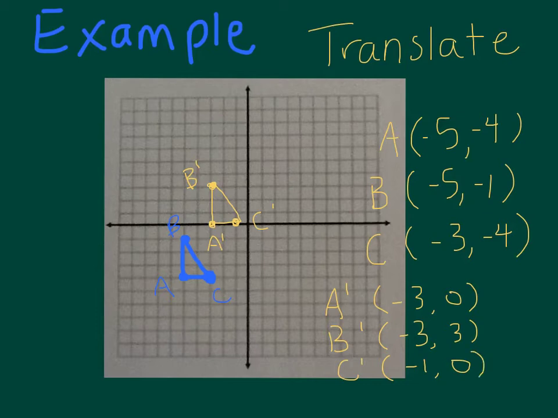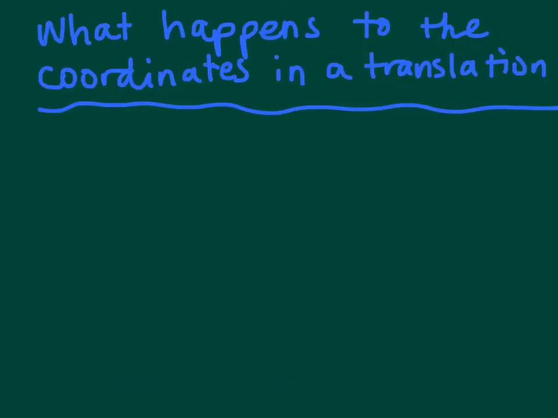And let's see if we can see a pattern here. All of our x values have increased by 2, which means that I translated it 2 spots to the right. All of my y values have increased by 4 places. Now, let's look a little bit more specifically at what happens to those coordinates.